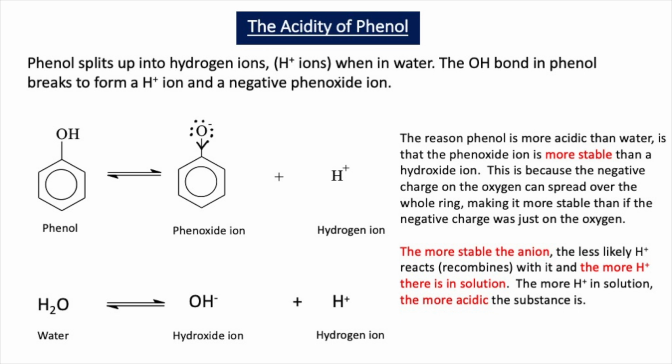Now, ethanoic acid is more acidic than phenol because its ion, the ethanoate ion, is more stable than the phenoxide ion, because the ethanoate ion can spread out the negative charge more than the phenoxide ion. And it does this, as we've seen, by delocalizing the negative charge over the COO in the ethanoate ion.